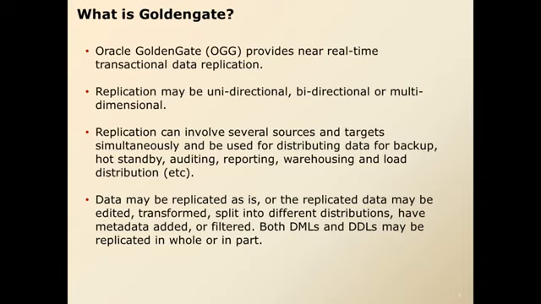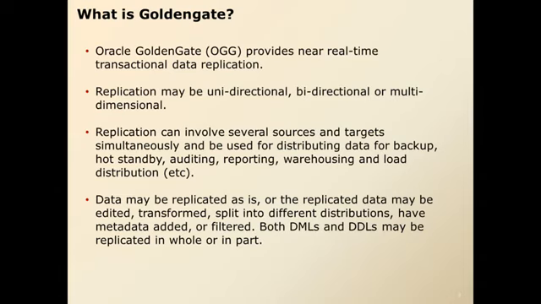With Goldengate, the capability is it supports unidirectional replication and bidirectional replication as well. That is, an application can be connected to any of the environments and replication will happen to the other environment. Or you can do it at a multi-directional level.